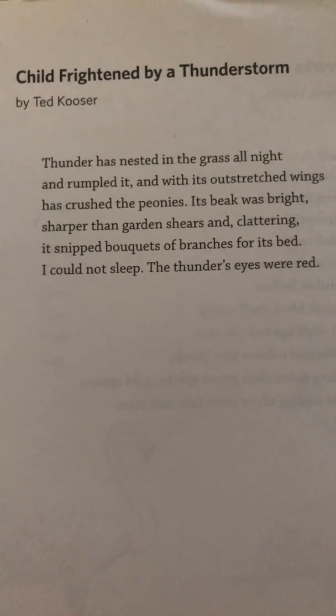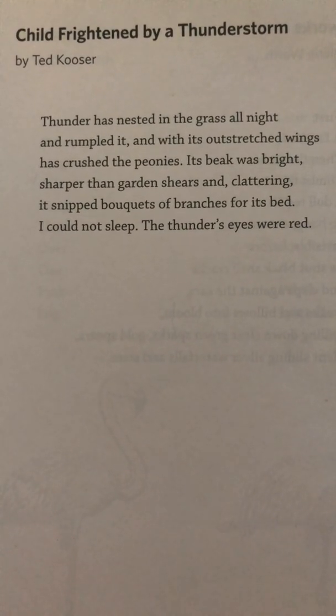Okay. Remember this one? A Child Frightened by a Thunderstorm by Ted Kooser? What do you notice about the way the form of this poem looks? Well, I notice that this is just one stanza, and Ted Kooser wrote this with longer lines.